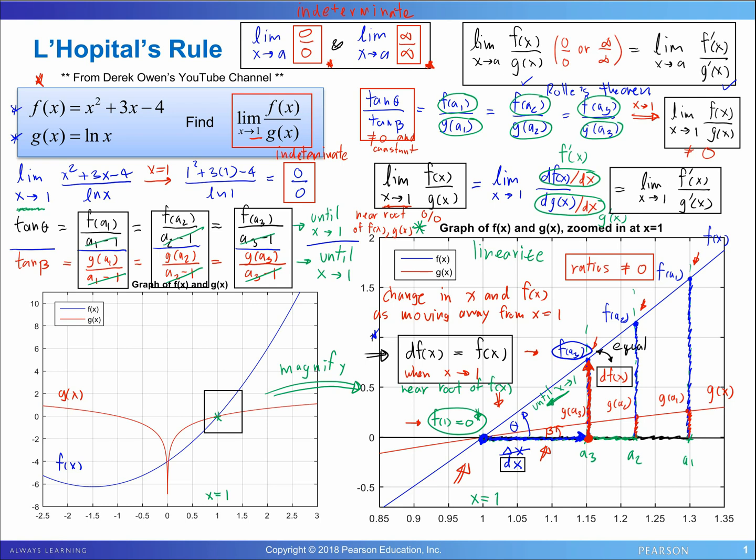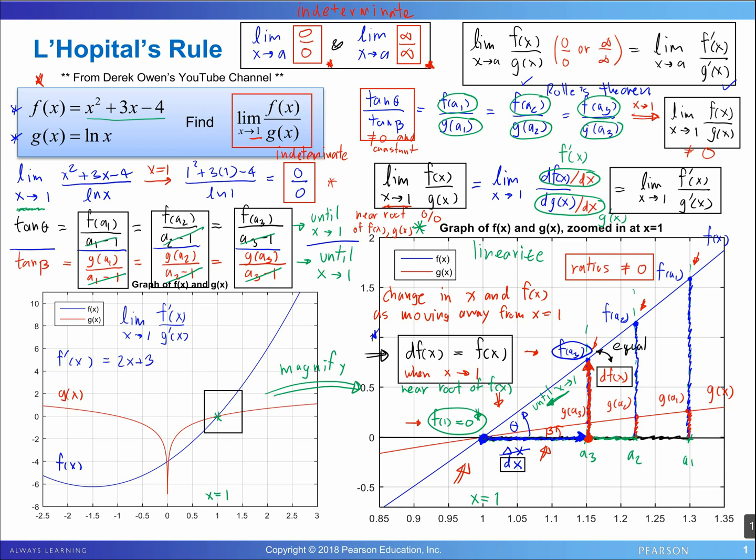At this point we have this condition, 0 divided by 0, which means that the limit that we wanted to find is going to be equal to f prime of x divided by g prime of x when x approaches 1. So we need to find f prime of x. F prime of x equal to, now we diff these terms, I get 2x plus 3.